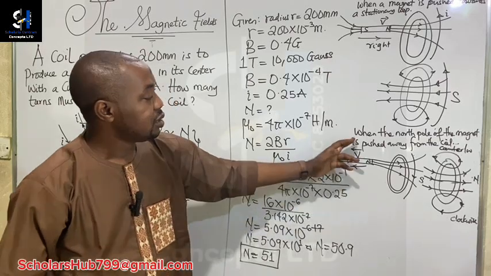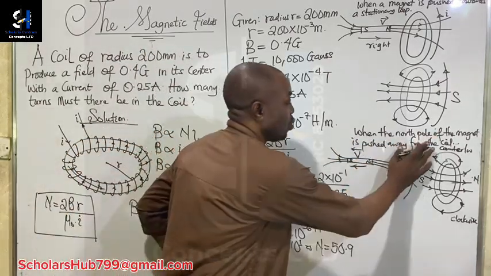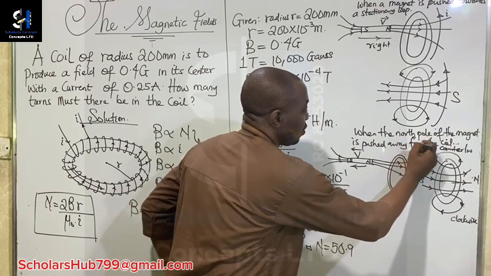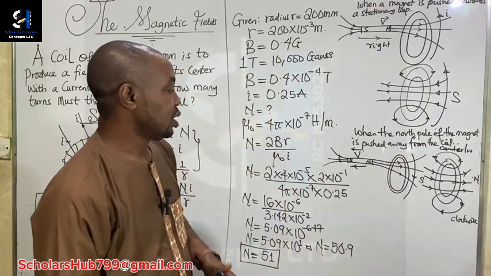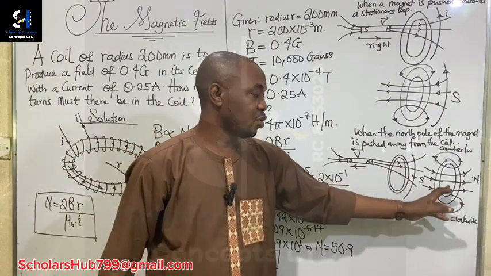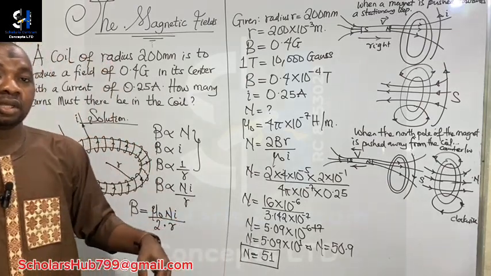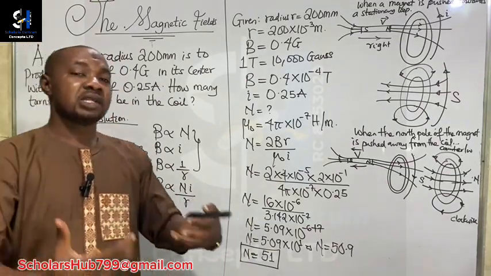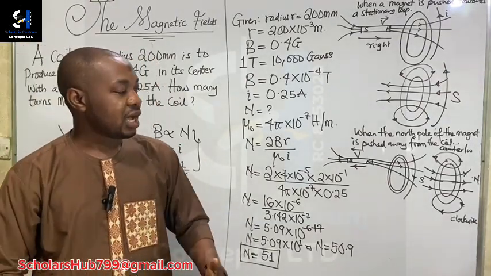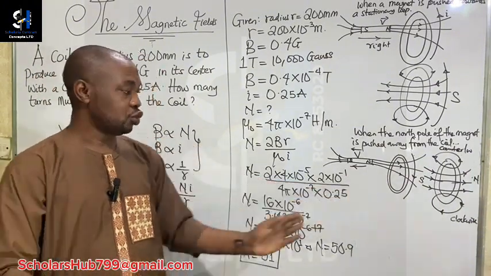But when the north pole of the magnet is pushed away from the stationary coil, the induced current will produce its own magnetic flux in order to counteract the decreasing external magnetic flux to the left.